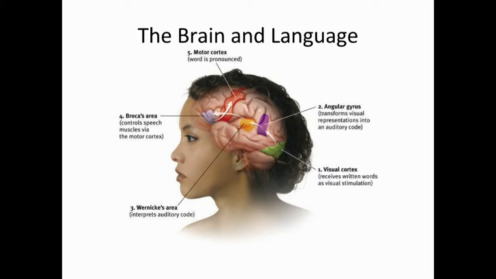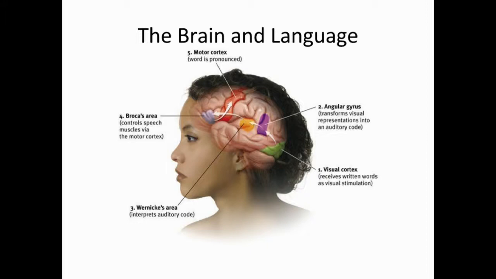So if you had a damaged Broca's area, you would be able to understand what someone is saying to you, but your speech might be halting. You might have an inability to form certain words. You might really struggle and be slow with speech because of the damage to that area.